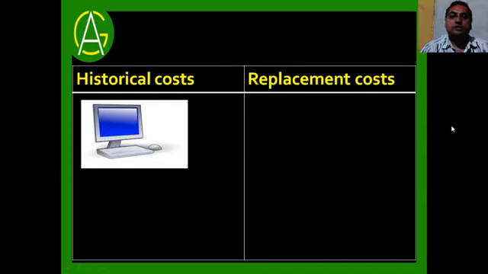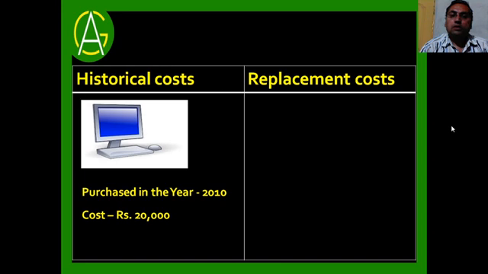Let us take the example again. Say for example, this is a computer and it was purchased in the year 2010. The cost of that computer was 20,000 when it was purchased.